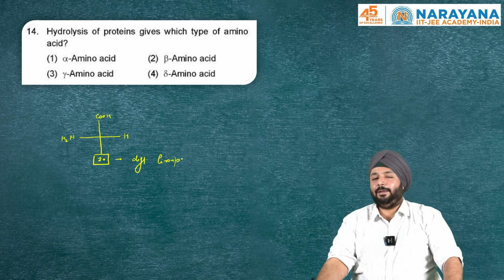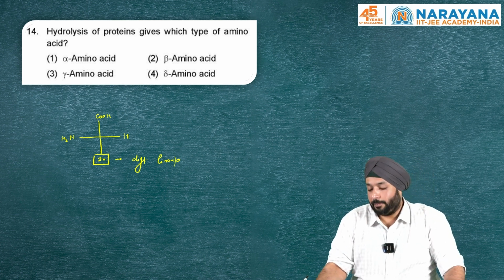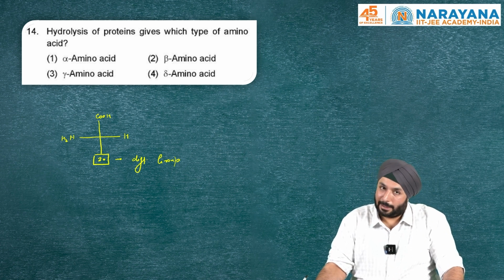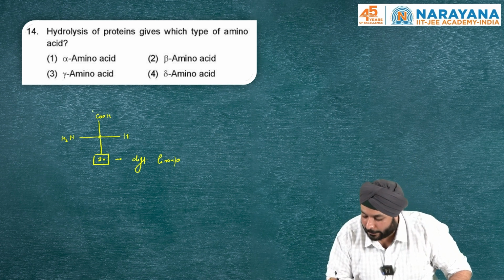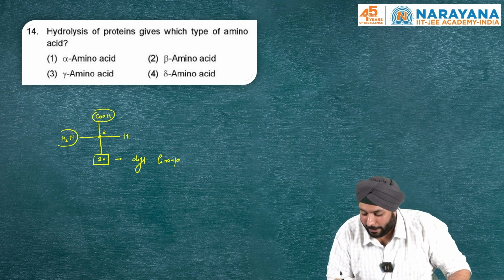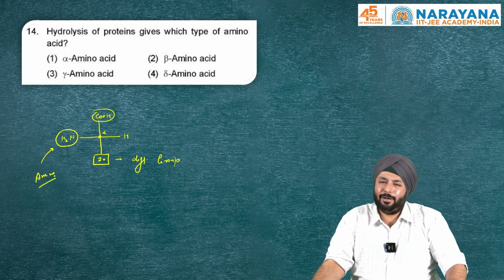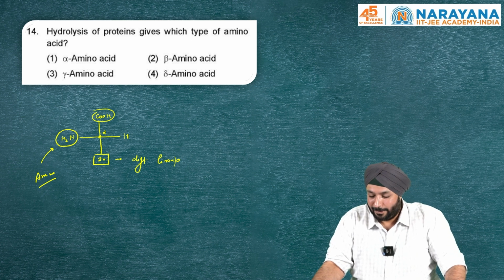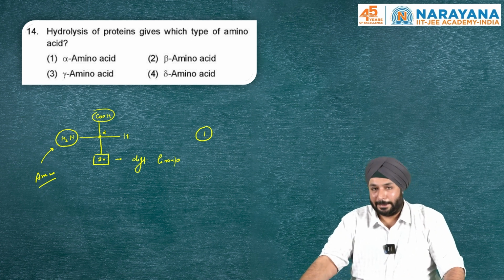L and D amino acid is not valid for glycine because glycine is optically inactive. Apart from that, the 20 amino acids will be optically active, right? So the carbon where a functional group is attached is known as alpha carbon, and on the alpha carbon you do have an amino group. That is why it is known as alpha amino acids, right? So obviously, very simple question. Answer should be 1. Getting it?